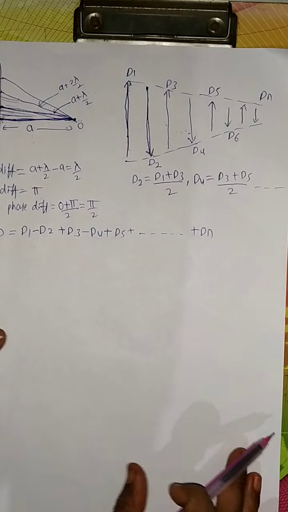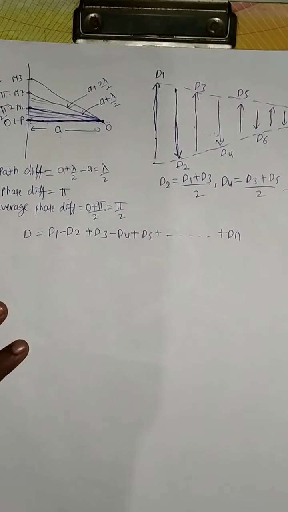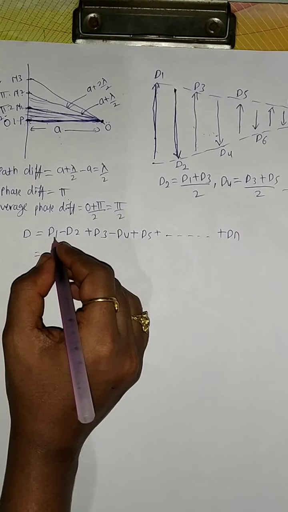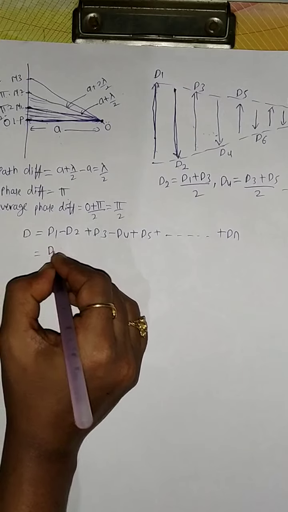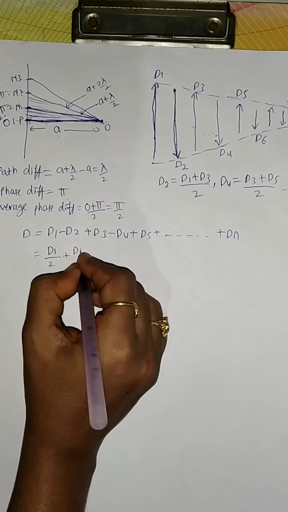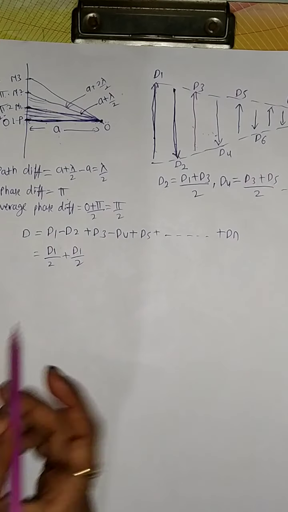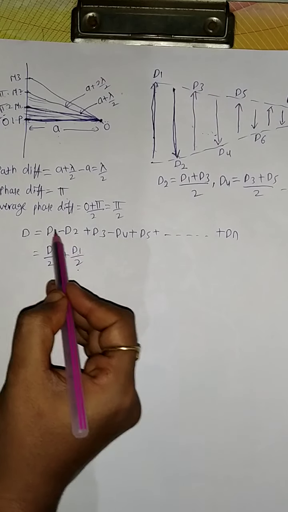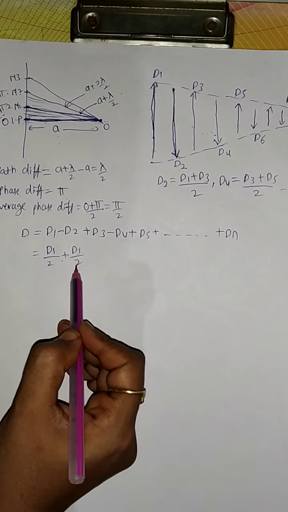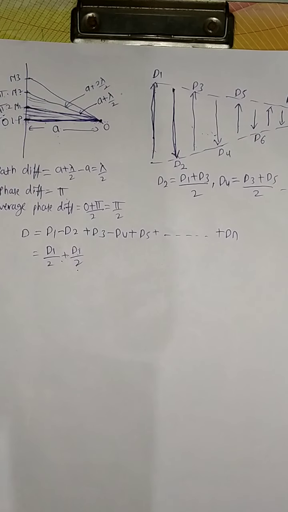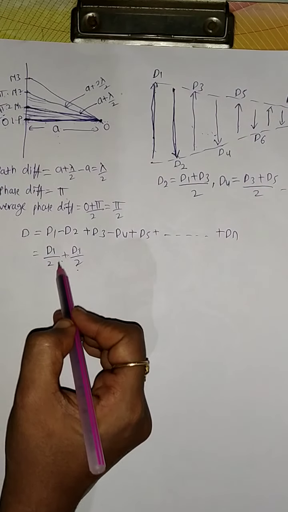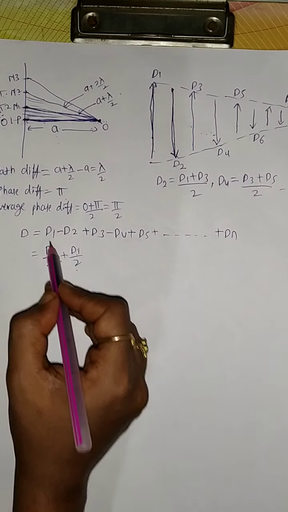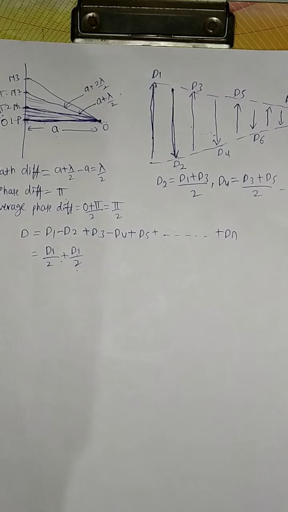And now for this equation I'll make a certain rearrangement. This D1, I'll split as D1 by 2 plus D1 by 2. See guys, D1 by 2 plus D1 by 2 will give the D1 value only, because 2 D1 divided by 2, the 2 cancels, and again we get D1.